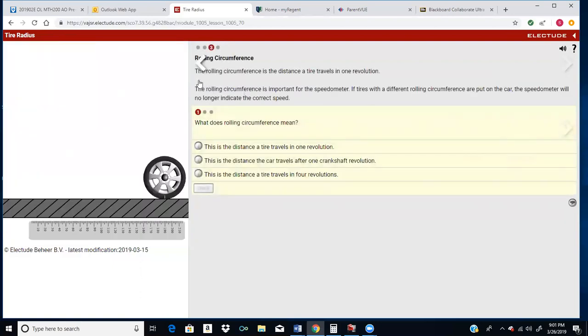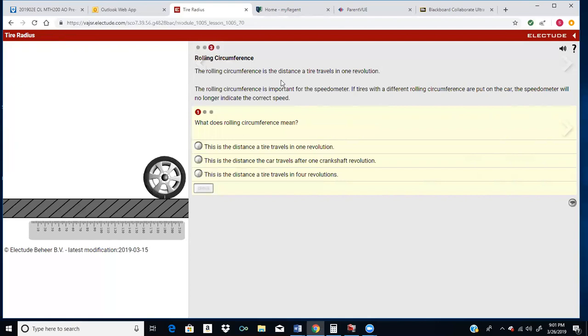Okay, so rolling circumference. So circumference, again, with the circle is 2 pi r. Basically here, it's asking us, the rolling circumference is the distance a tire travels in 1 revolution. So we're talking about 1 revolution, that's a full 360 degrees. All right, so the rolling circumference is important for the speedometer.